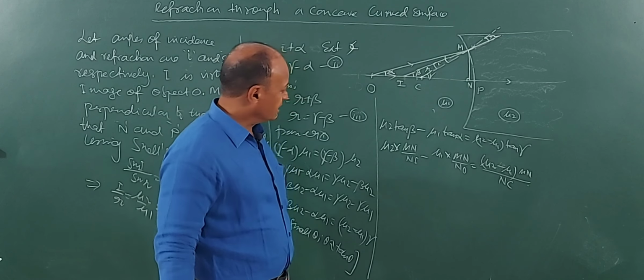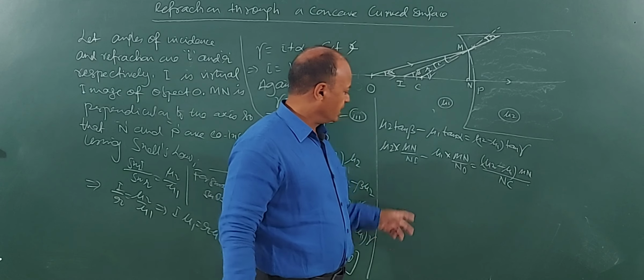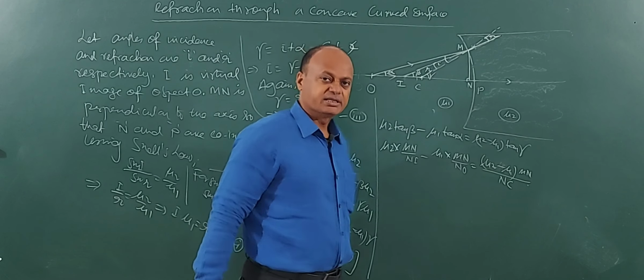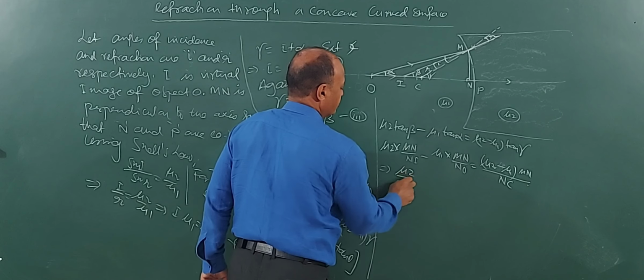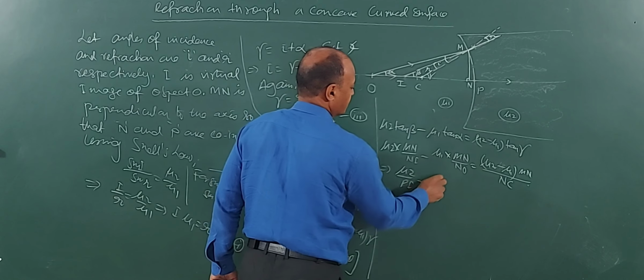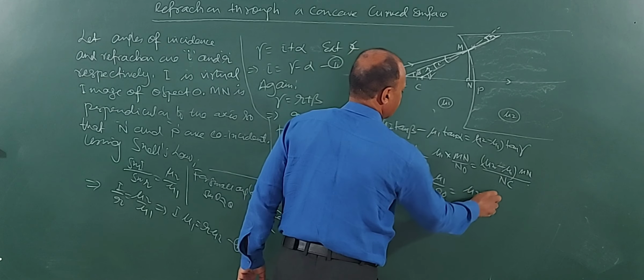So what I will do, children, I will be striking out MN from both sides, cancelling MN, and I will be replacing N with P. So what do you get here? Mu 2 divided by PI minus mu 1 divided by PO is equal to mu 2 minus mu 1 divided by PC.